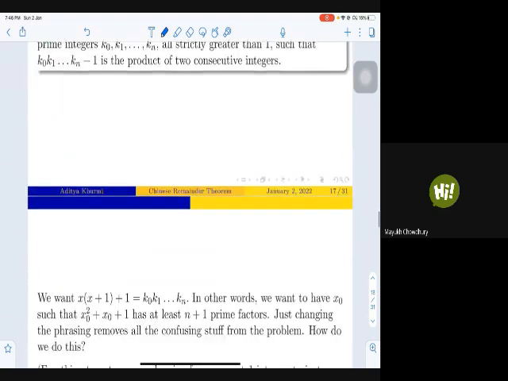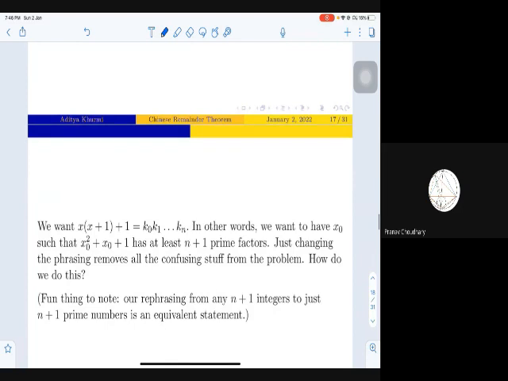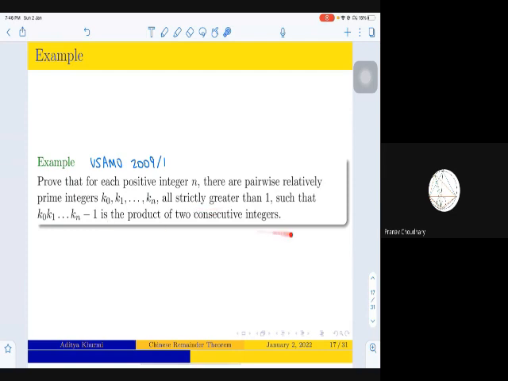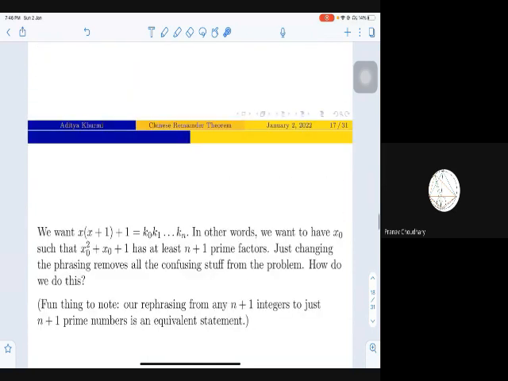Whenever you are stuck with words, like is the product of two consecutive integers, you start thinking in terms of algebra. You start converting the English into maths. You start introducing variables. So let's do that.